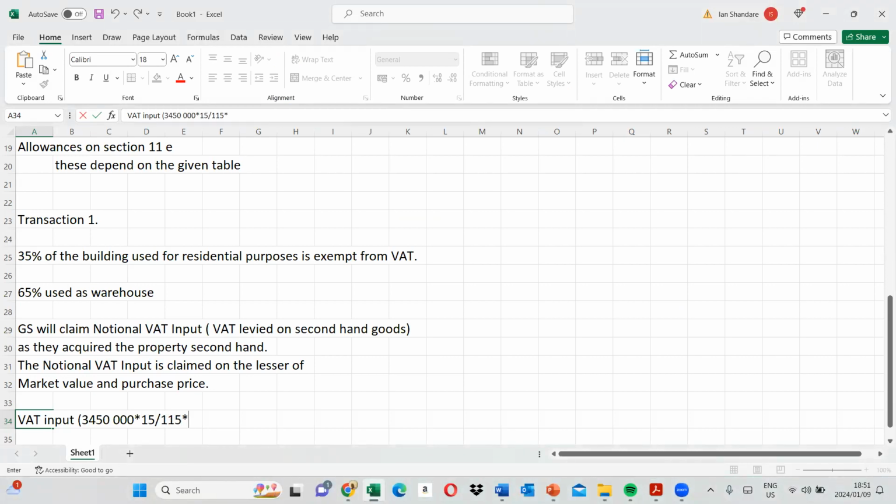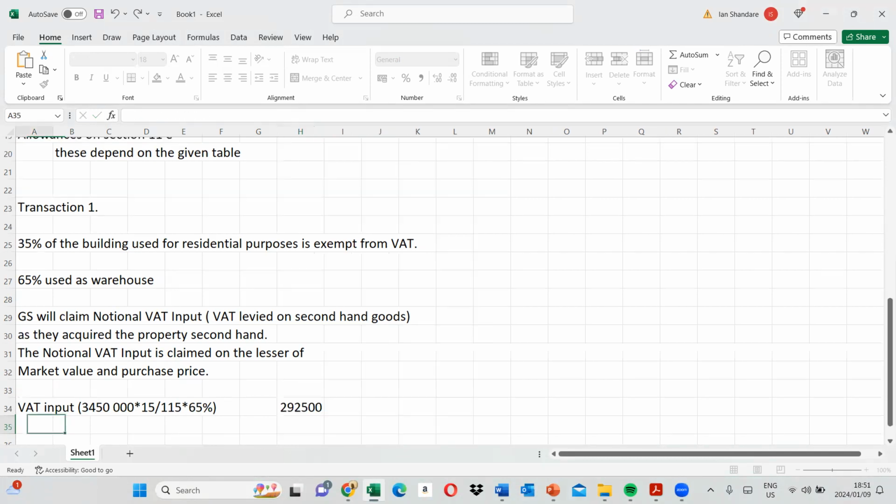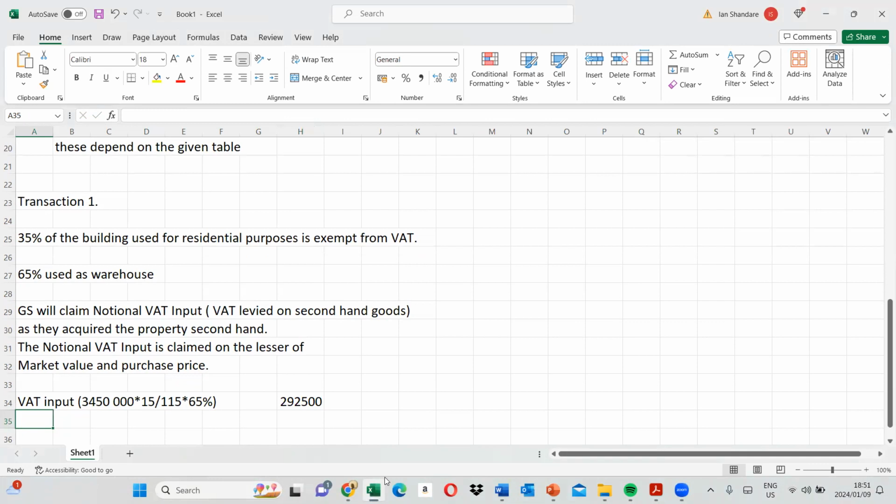Then you multiply by 65%, because it's not 100% of the building, but rather 65%. That is the VAT input that you had to claim in your question for 4 marks.